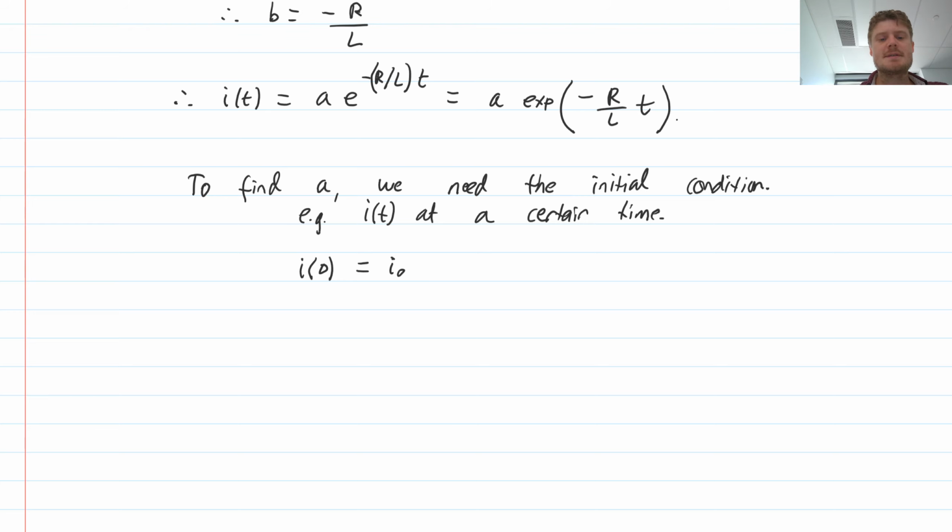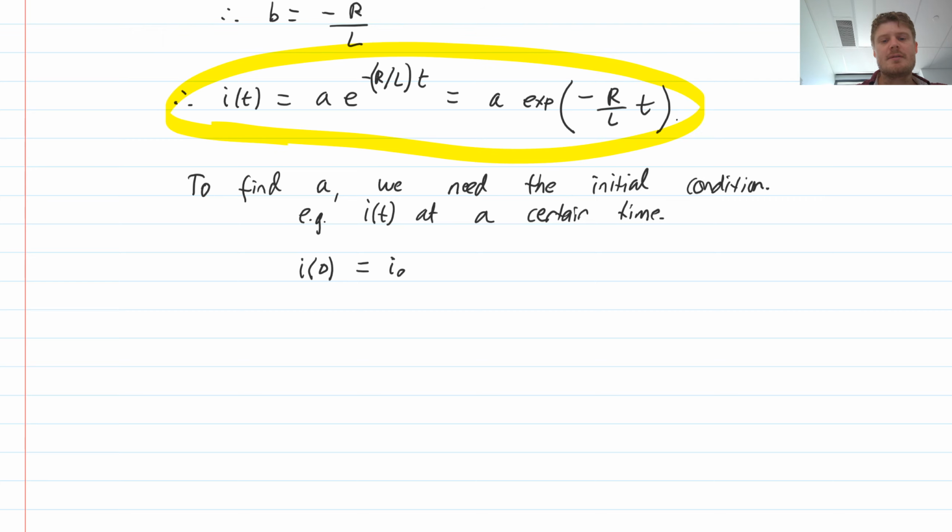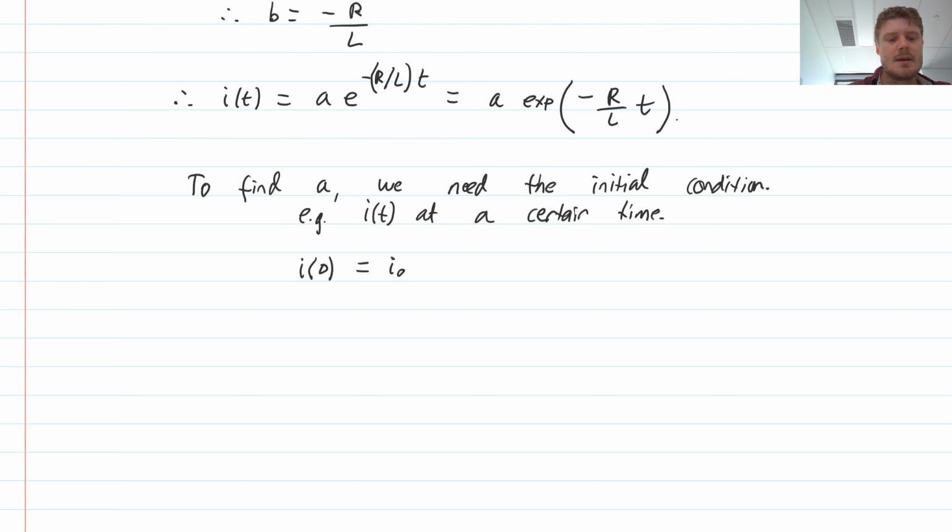So we can substitute this information into our expression for the current. We substitute t equals 0 and I naught as our initial condition. I naught on the left hand side is the value that we got from our power supply.